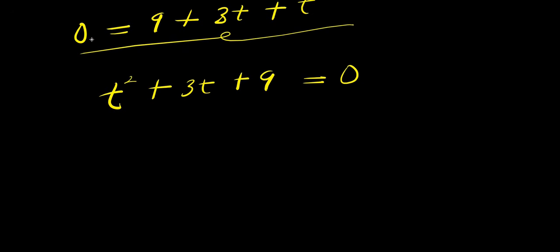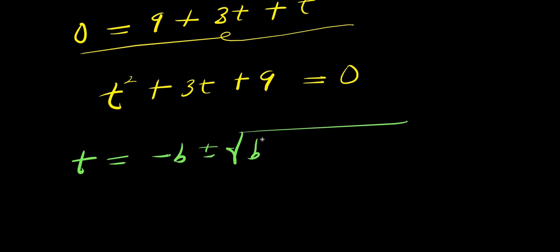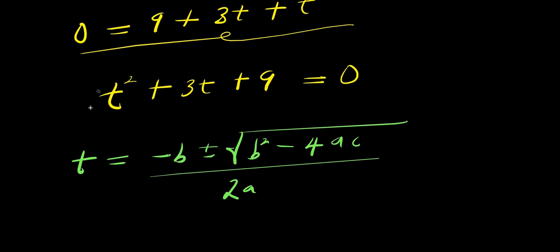And let's solve for the values of t using the formula method. I have t equals negative b plus or minus square root of b squared minus 4ac, divided by 2a. So right now, the coefficient of t squared here is my a. The coefficient of t here is my b, and this is my c.